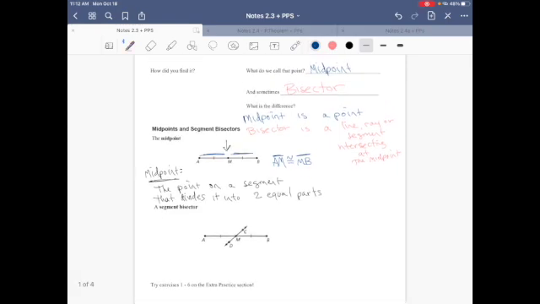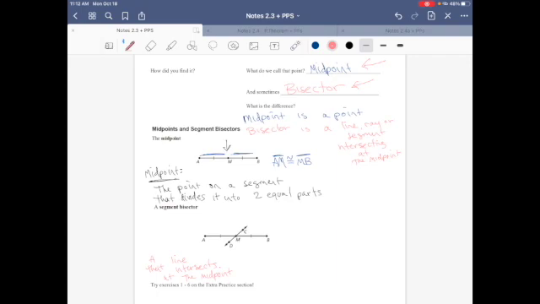And the same thing with a bisector. A bisector is the line that intersects at the midpoint. So anytime you see the word midpoint or bisector, you pretty much know what you're dealing with.